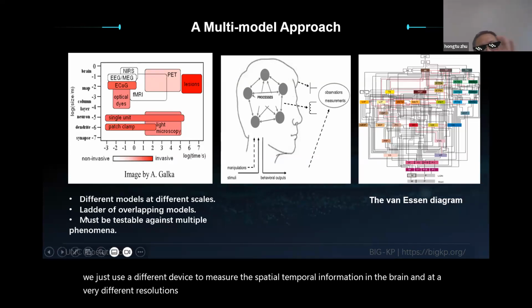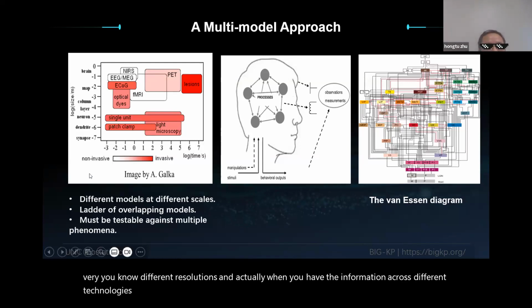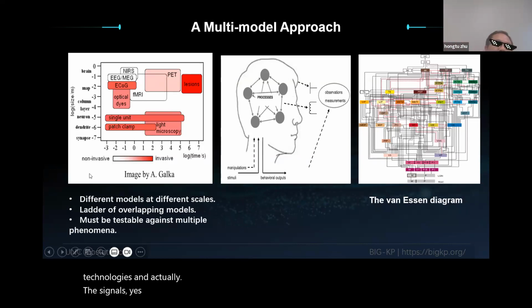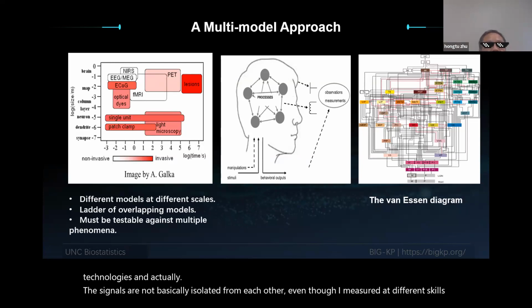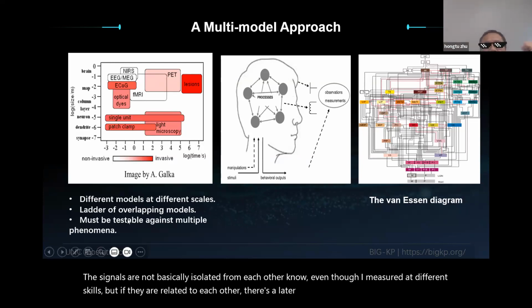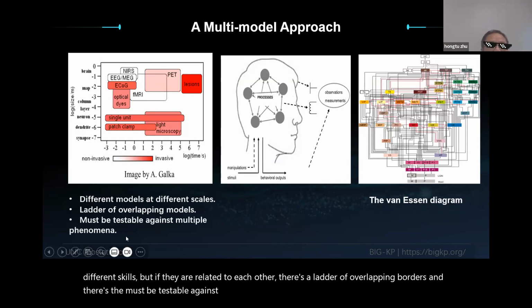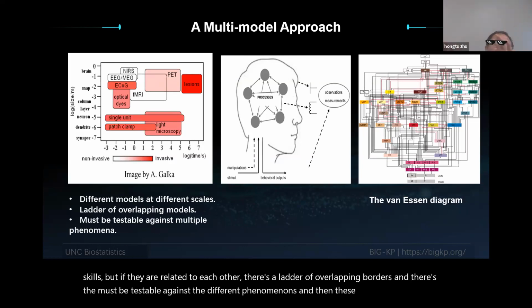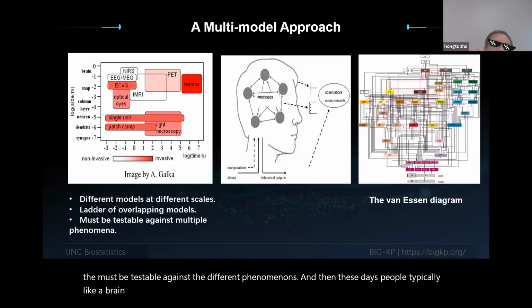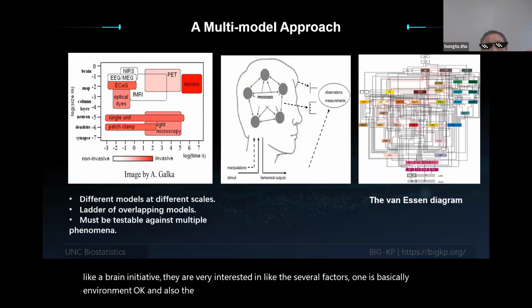And when you have the information across different technologies, the signals are not isolated from each other. Even though I measure at different scales, they are related to each other. There's a layer of overlapping models, and this must be testable against the different phenomena. These days, typically like the BRAIN Initiative, they are very interested in several factors. One is the environment, okay? And also the behavior, like human behavior or a rodent's behavior.